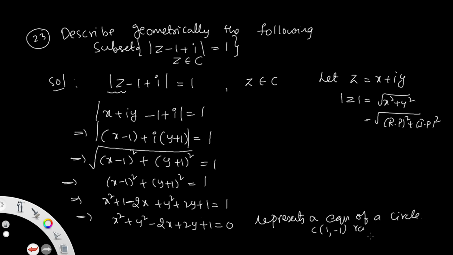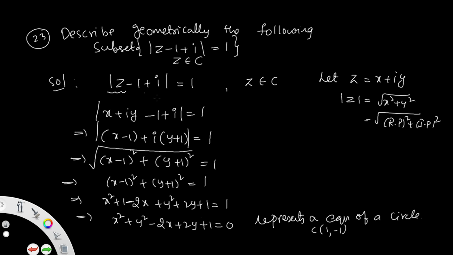No need to write the radius. It is in the form of the equation of a circle, because x square plus y square plus 2gx plus 2fy plus c equal to 0 is the general form. The radius is also 1 unit, that's no problem.